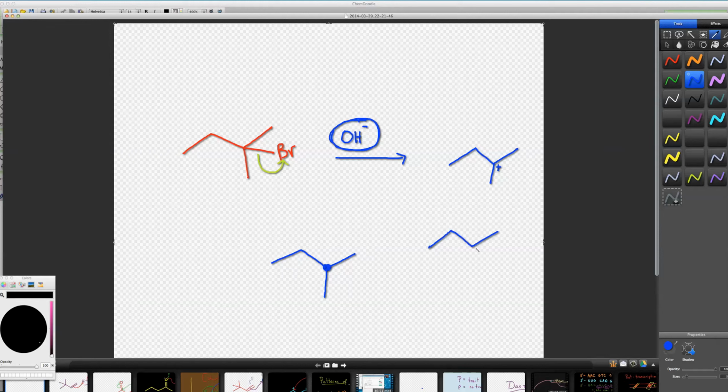So when you get this backside attack, you want to show this as a dash. And when you get some of this front side attack, you want to show the C-OH as a wedge. We'll talk a whole lot more about this on Wednesday when we talk about stereochemistry.